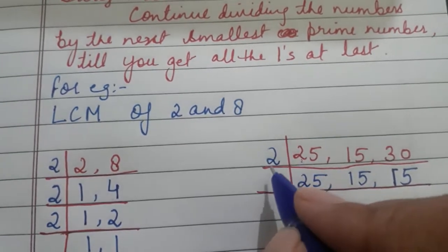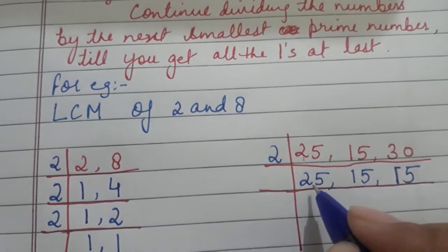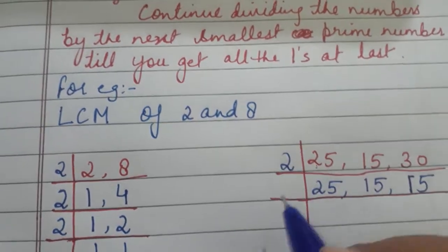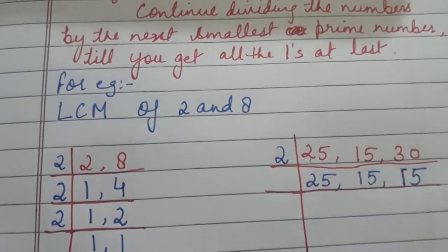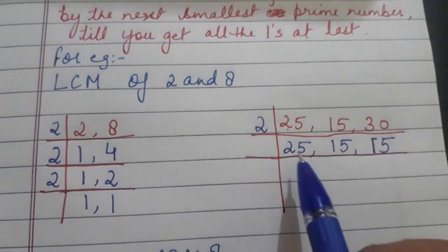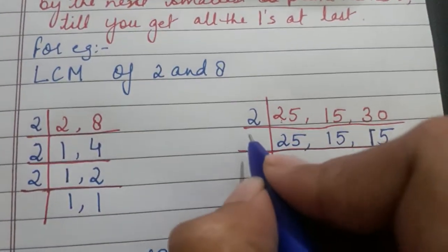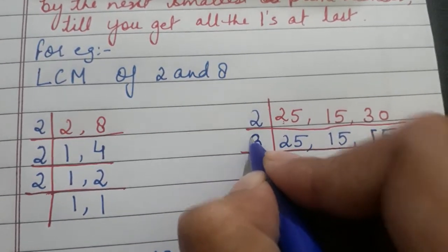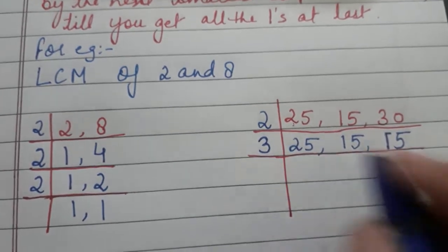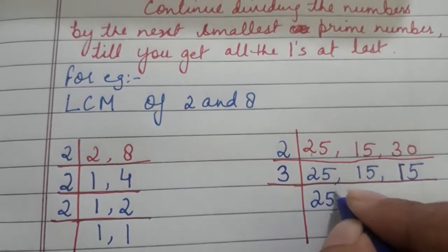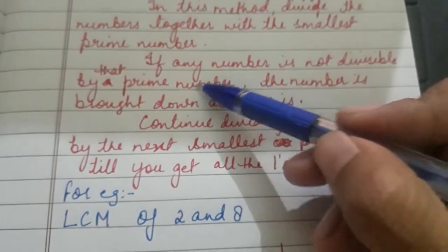Now we will try 3. Let us see if 3 comes. Yes, 15 comes in the table of 3. Though 15 comes in the table of 5 also, in this example we will do it with 3. 25 doesn't come in the table of 3, so 25 will come down as it is, as I have told you again.